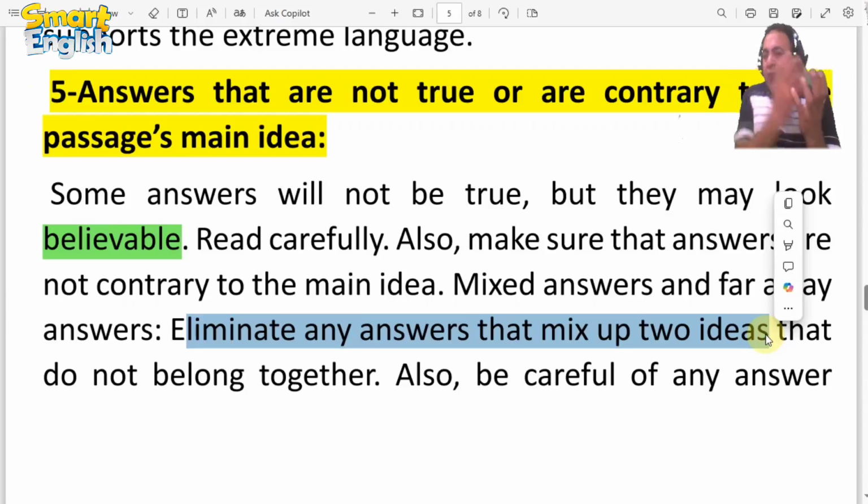There is a conflict among the ideas: I like this, but I don't like this. This is a very simple example of what I'm trying to illustrate for you. So any choice that contains mixed or contrasting ideas, delete it, eliminate it. Don't choose this kind of choice.